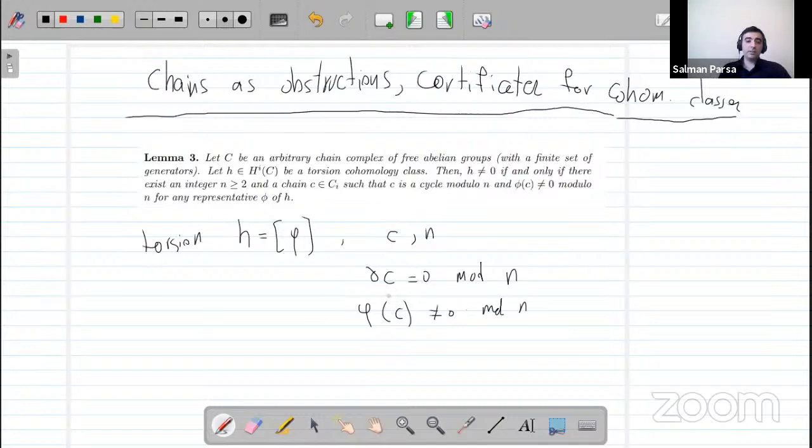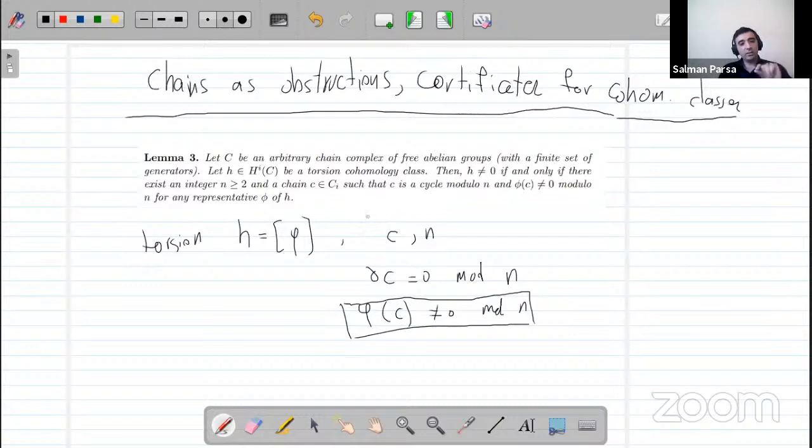And this condition tells you that phi is not a coboundary modulo n, and therefore is not a coboundary in the integers. Another way of looking at this lemma is to try to compute cohomology with, let's say, P. This lemma is true for modulo P, a prime number.